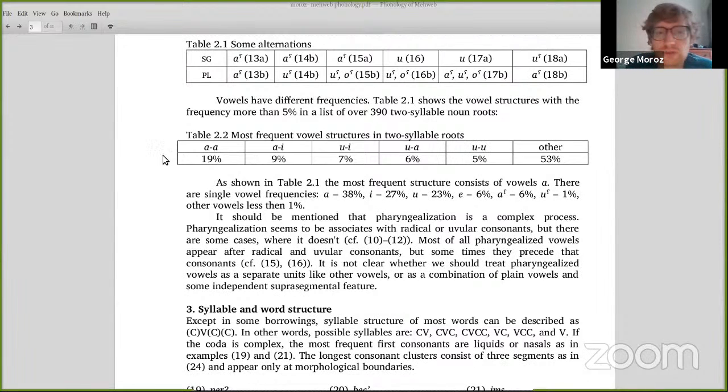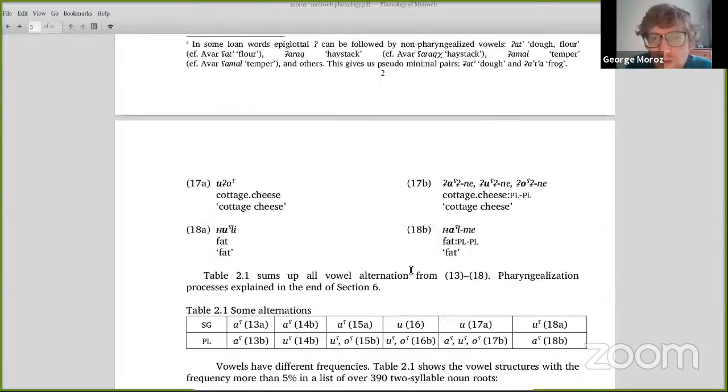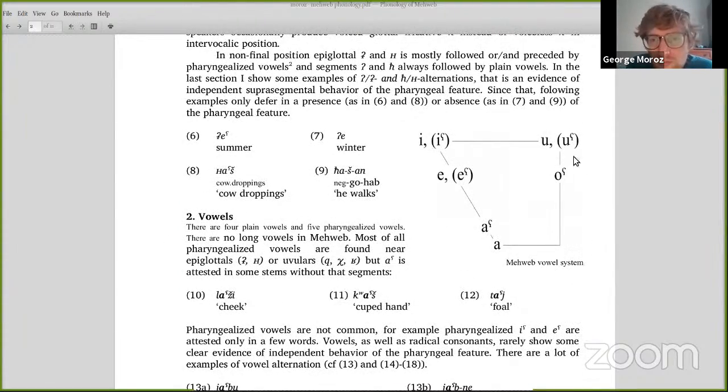For some reason, over 20% of words have a. In all other cases they don't have many vowels. So those are the vowels: a and the pharyngalized one, e, a, u. That's a lot of vowels, actually. Yes, but pharyngalized vowels are actually really rare. So what you have mostly is E, I, A, U.